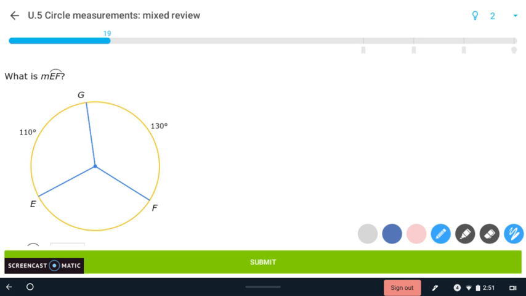Let's see what they give us next. What is the measure of arc EF? We're going to look at the measure, how many degrees this is. Remember, the measure of the arc is congruent to the measure of the corresponding central angle. Either way, think about what you know about the measure of the entire circle.